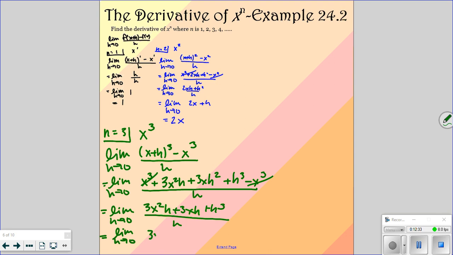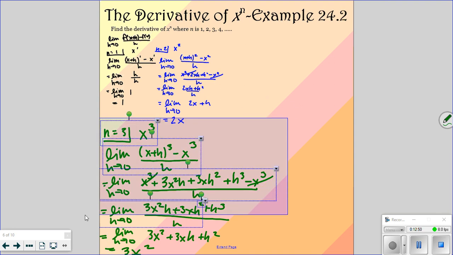And so you'll end up with 3x squared plus 3x, there should be a square there, h plus h squared. And so now we can plug in a 0 for h, and we end up with 3x squared. Okay? So that's how you would do x to the 3rd.